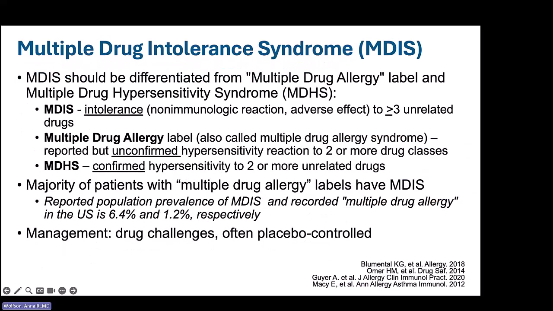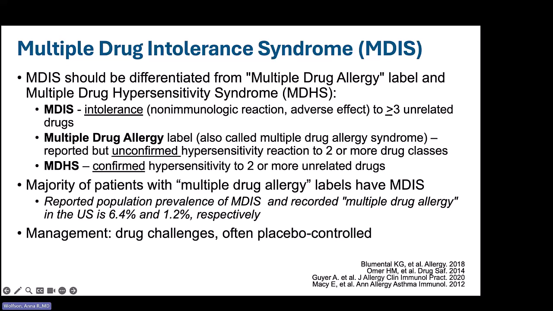So I wanted to spend a minute on the concept of multiple drug intolerance syndrome. As allergists, we see these patients all the time, and this is differentiated from multiple drug allergy label and multiple drug hypersensitivity syndrome. The difference is that for MDIS, the patients have intolerances, so basically adverse effects, to 3 or more unrelated drugs.